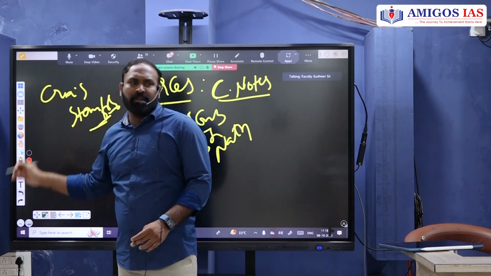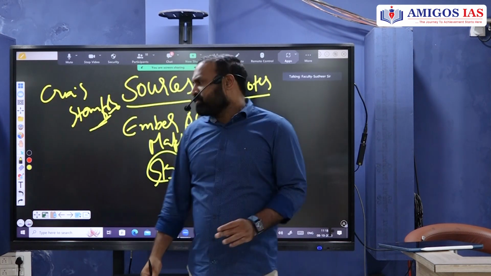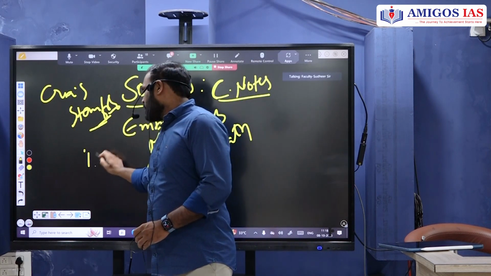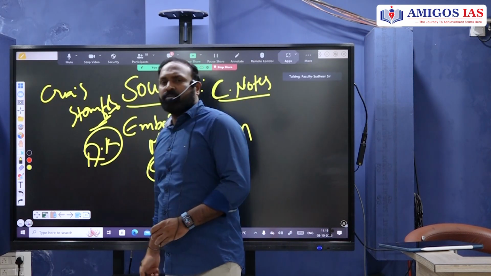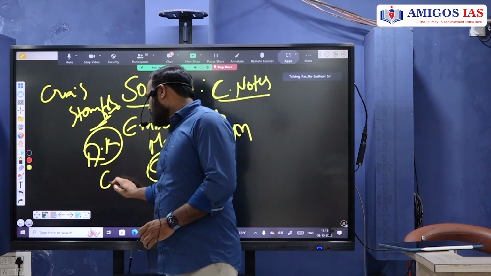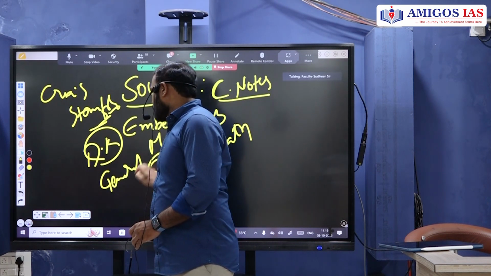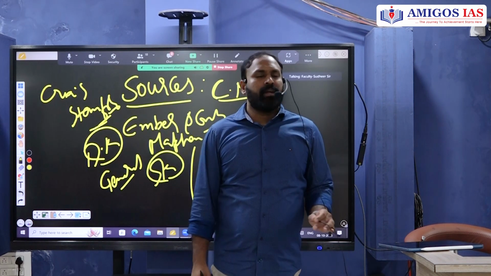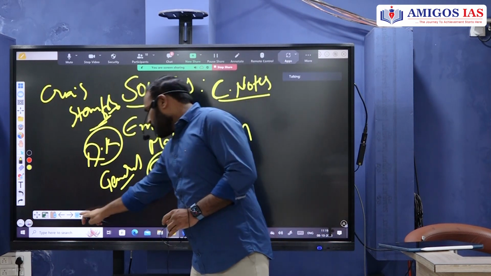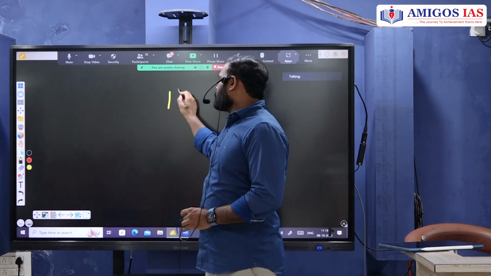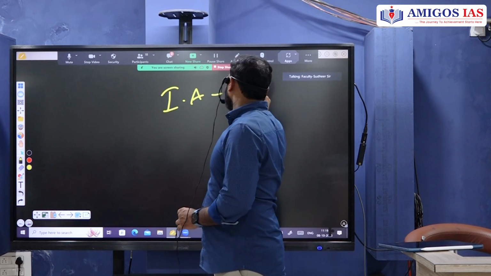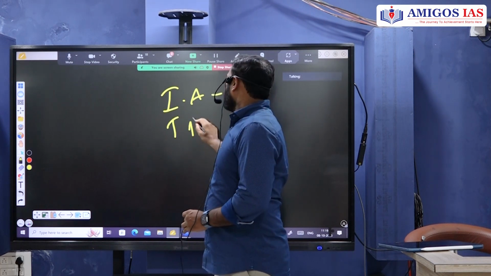This is better than Peanut. Then for archaeology, you can refer to D.K. Bhattacharya, or there is another book written by Nadeem Hasnain, General Anthropology. These are the sources. And then for paper 2, two books: Indian Anthropology by Nadeem Hasnain and Tribal India by Nadeem Hasnain.